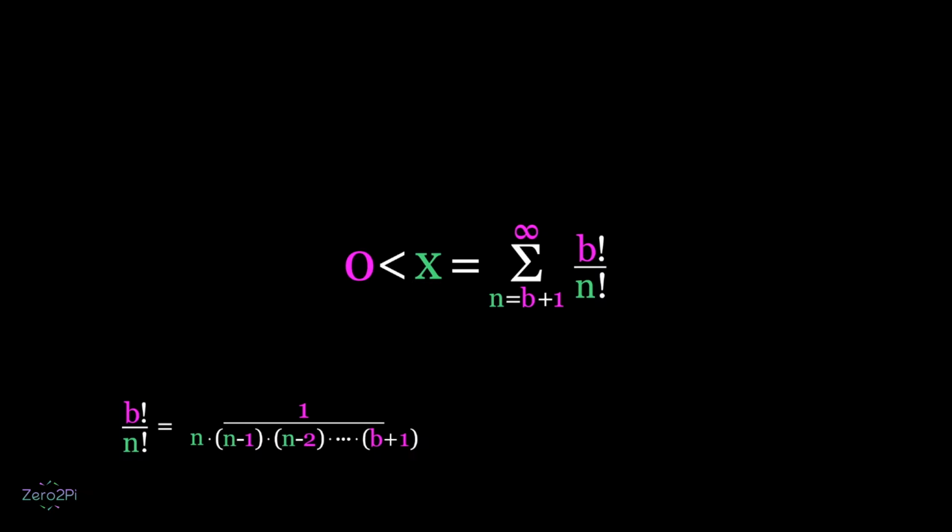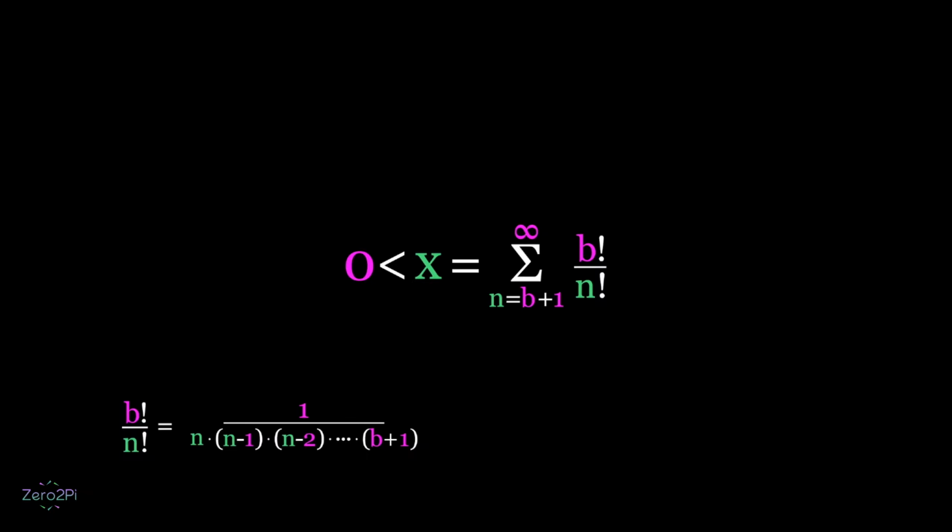Now, we don't actually know the exact value of this denominator. It's got a bunch of terms from n all the way down to b plus 1. But what we do know is that every single one of those terms is at least as big as b plus 1. Now, what we can do is set a bound for this, a guaranteed inequality that helps us estimate its size.